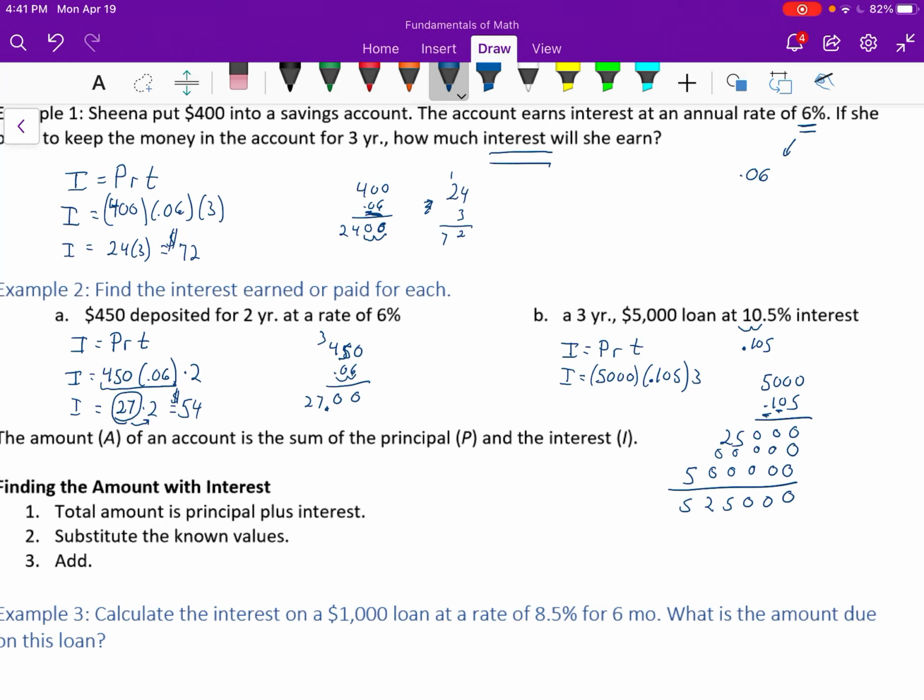We move the decimal over 3 places, 1, 2, 3. And so we get 525 times the 3 years. So a little more multiplying to do. 5, add the 1, 7, and 15. So $1,575.